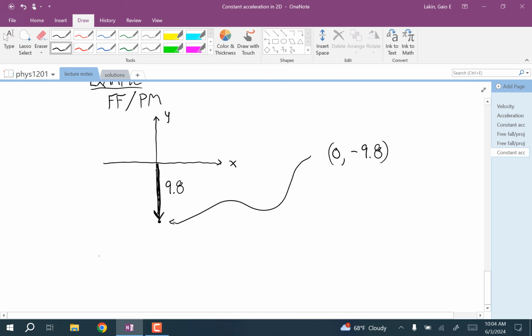And so that tells us that the acceleration vector is equal to 0 I plus negative 9.8 meters per second squared times j.